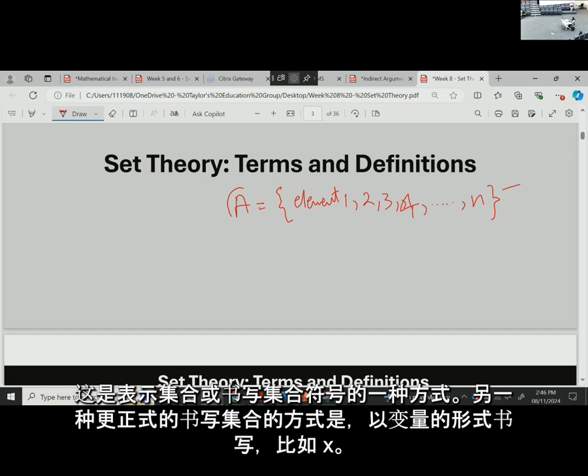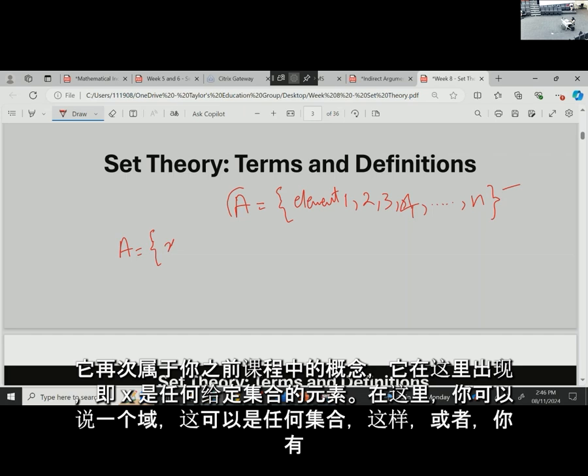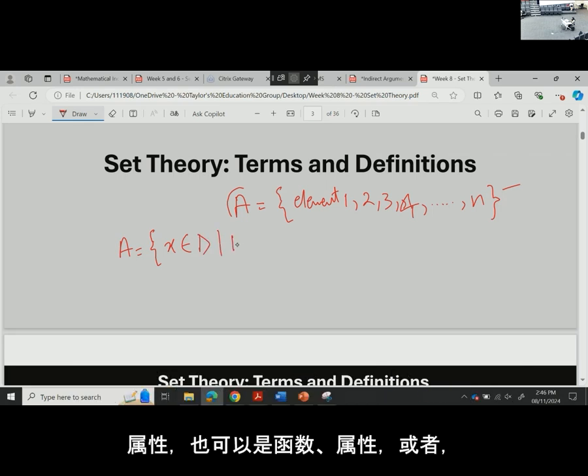Another, more formal way of writing a set is, you write it in the form of a variable, let's say x, that belongs to any given set, here you can say a domain, this could be any set, such that, or where you have the property.